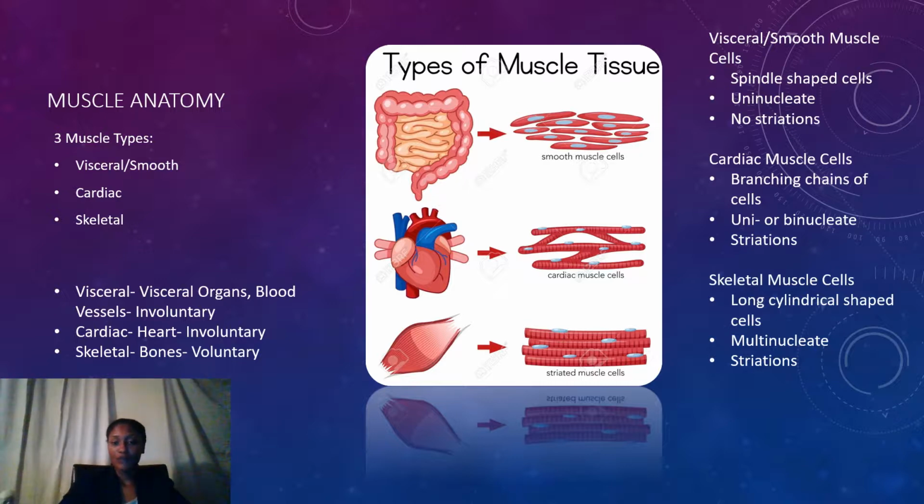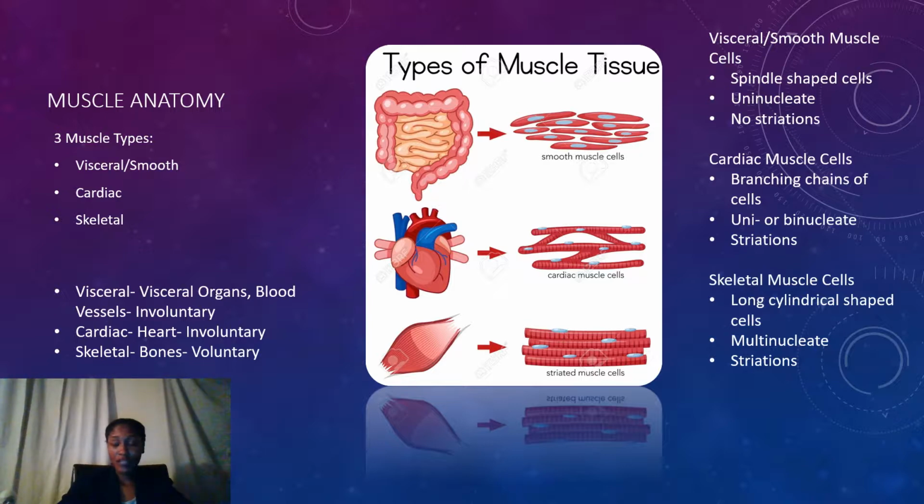From the types of muscle tissues, you can see that smooth muscle cells are spindle-shaped, uninucleate, and have no striations. The cardiac muscle cells have branching chains of cells, are uni or binucleate, and have striations on them.